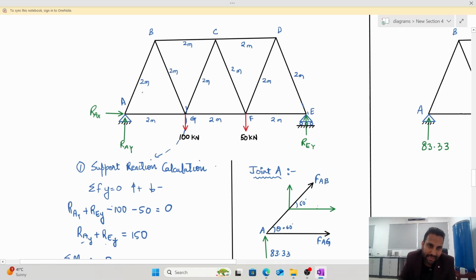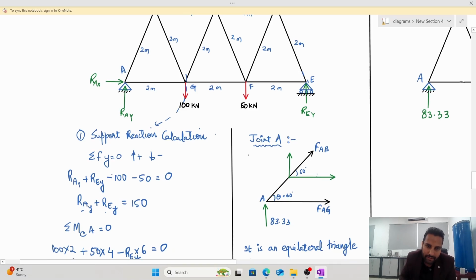So, at A you have RA, how much? 83.3, see here 83.3, I have plotted this. Then we do not know what is the force here. So, I will take a force in this direction, going out of A. Initially, I will consider both of them out of A. If something is negative, then I will change the direction.